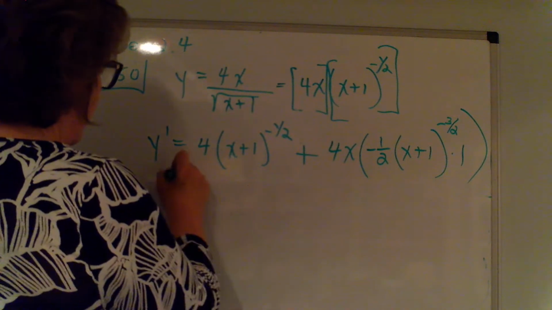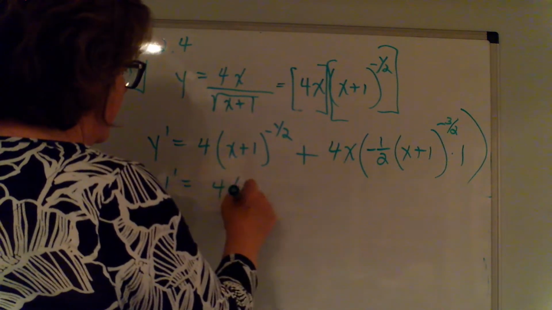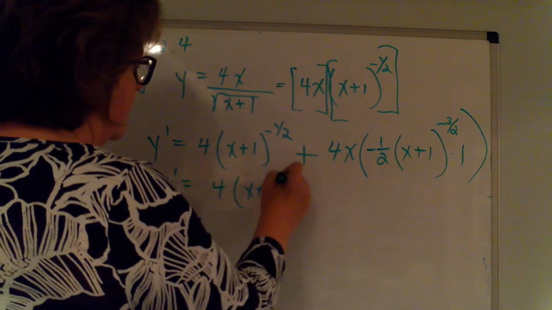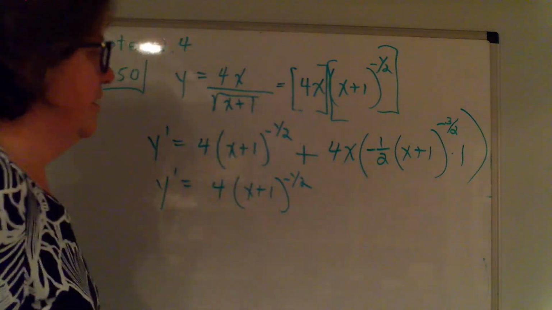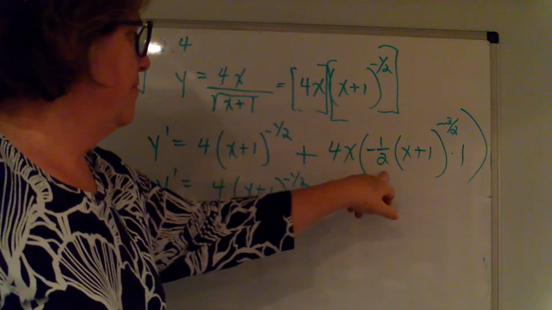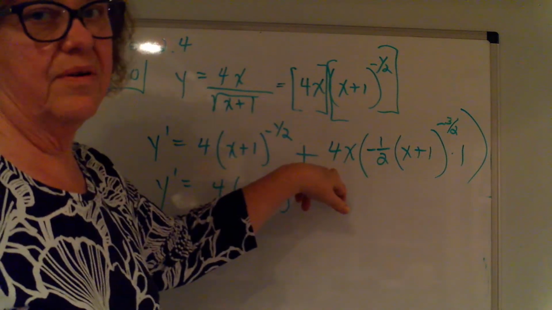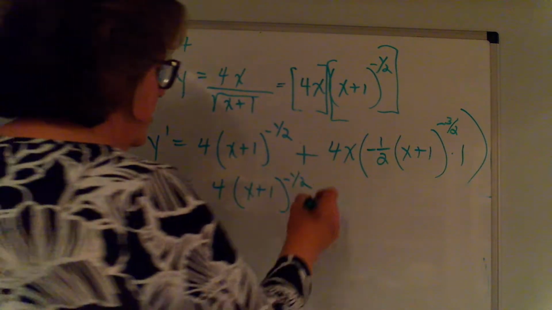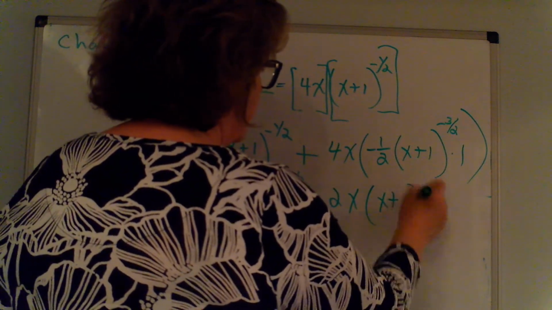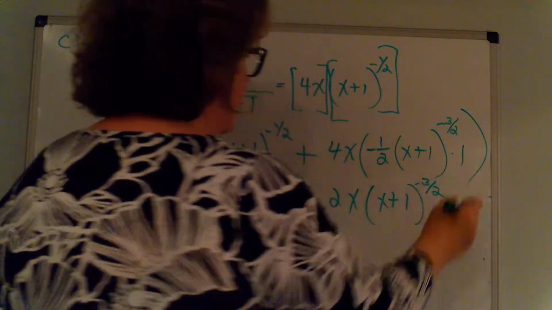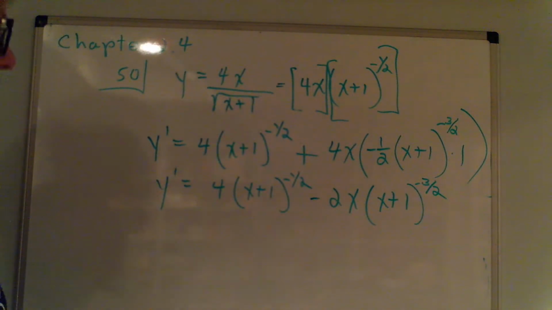We could say y prime is equal to 4 times x plus 1 to the negative 1/2 plus, well, actually, negative 1/2 times 4 is going to be negative 2. So let's say minus 2x times x plus 1 to the negative 3/2. Okay.